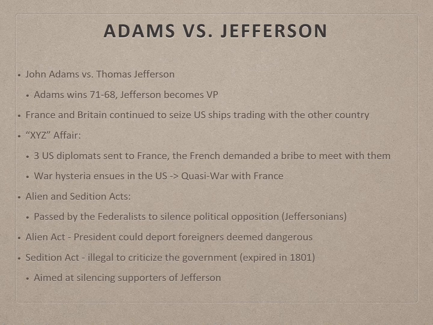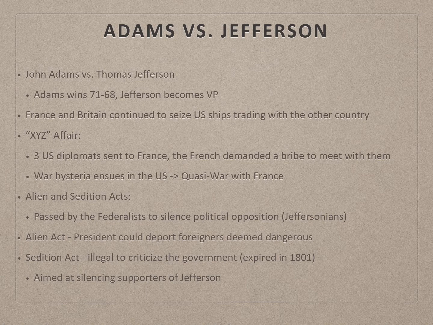And Adams becomes president. He is extremely popular when this happens in 1796. And as the system was created, the person who gets the second most number of votes becomes vice president.